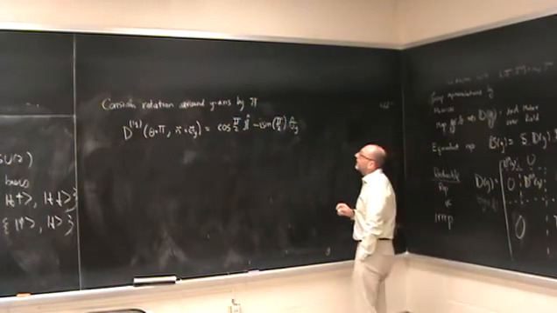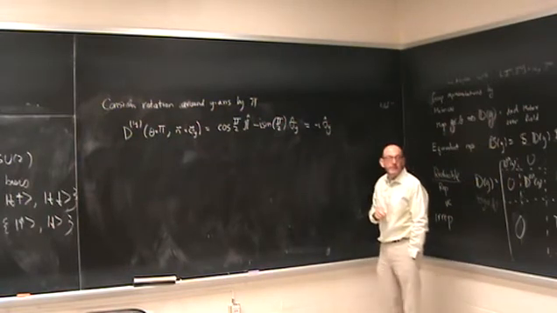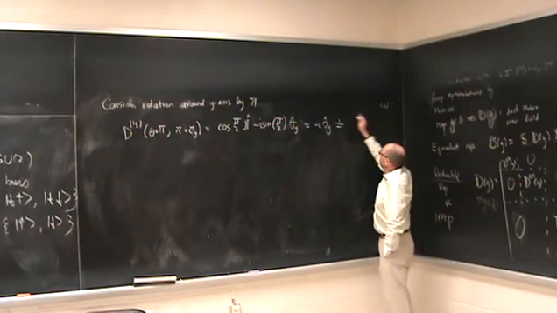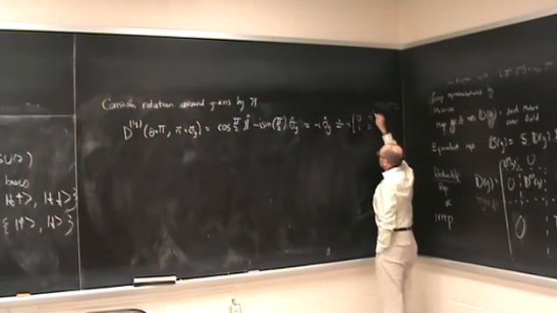That's equal to minus i sigma y, which in the standard basis of up and down is minus i times the Pauli matrix.